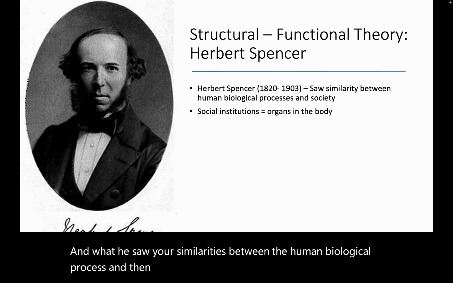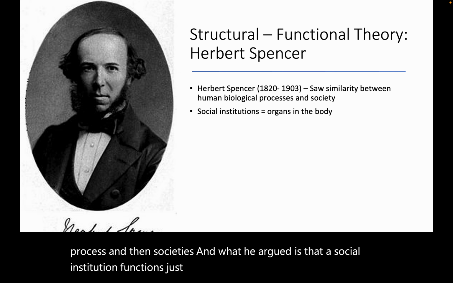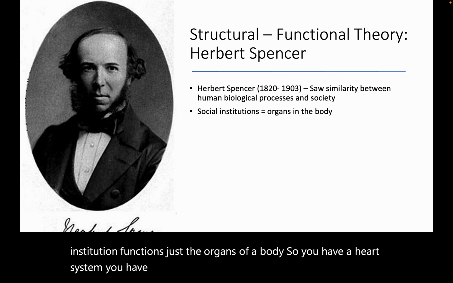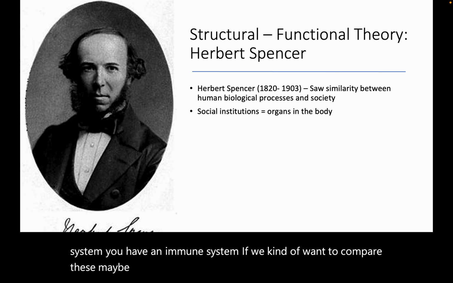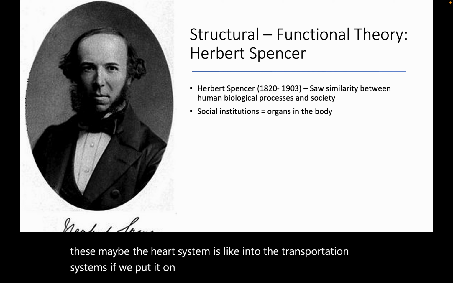He argued that a social institution functions just like the organs of a body. So you have a heart system, you have an immune system. If we want to compare these, maybe the heart system is likened to the transportation systems. If we put it on an emotional level, maybe it's the religious or spiritual side.